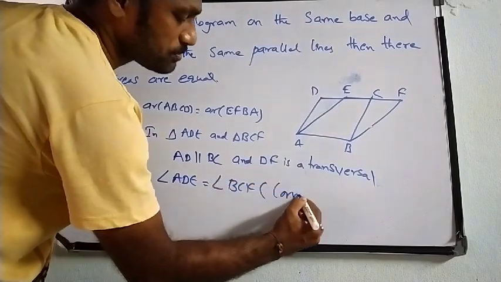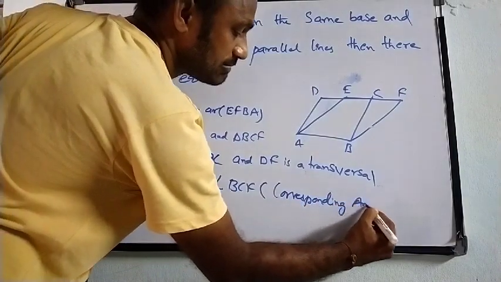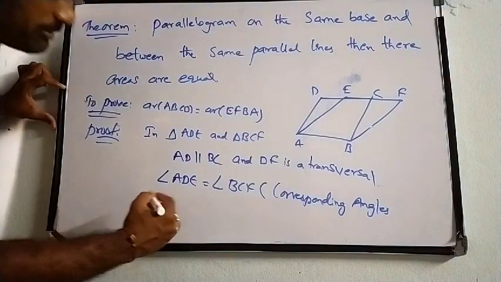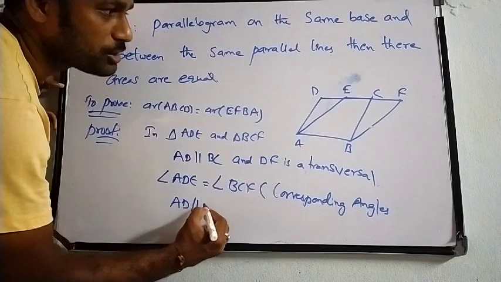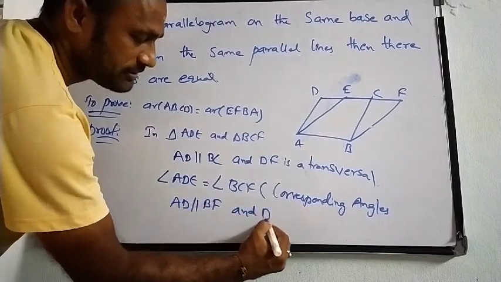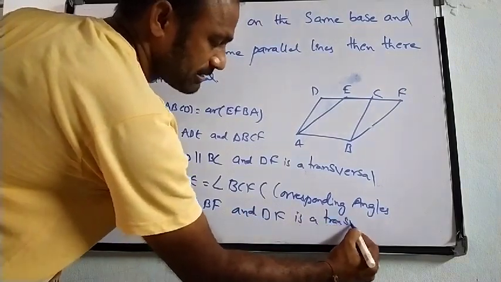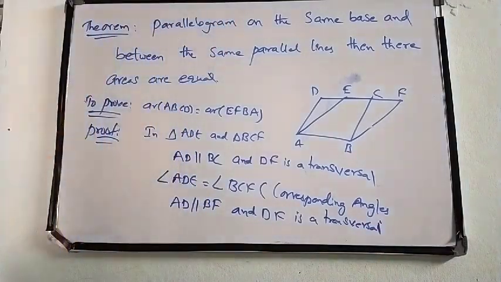These are called corresponding angles. Similarly, we can see AE is parallel to BF and DF is a transversal.